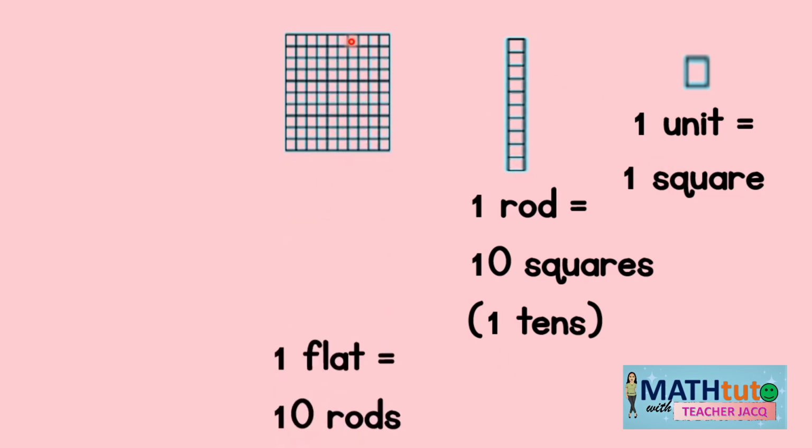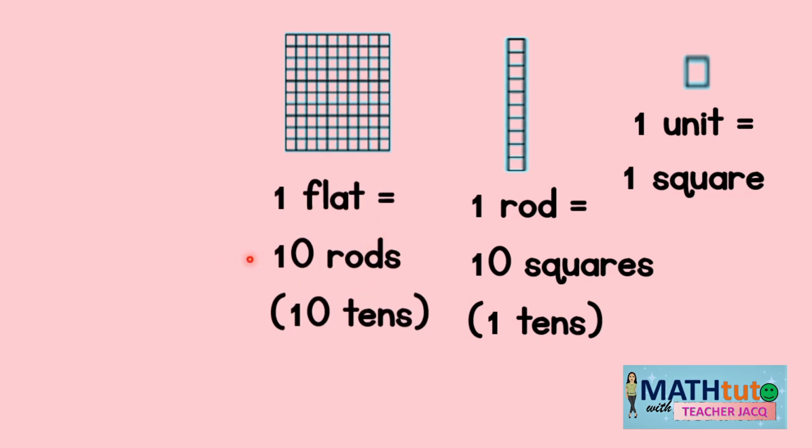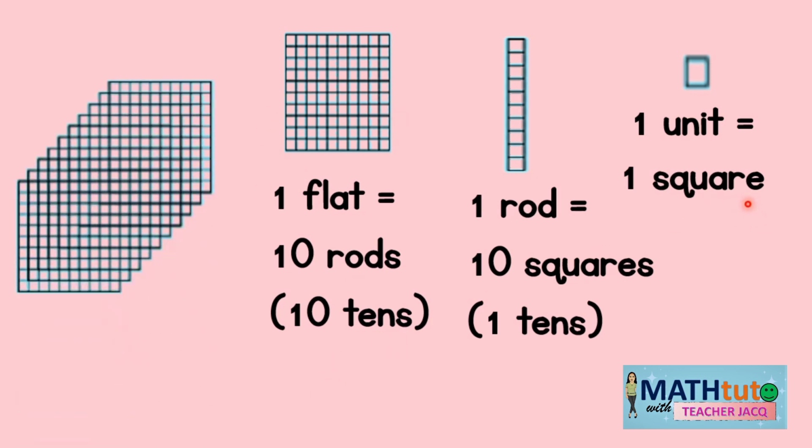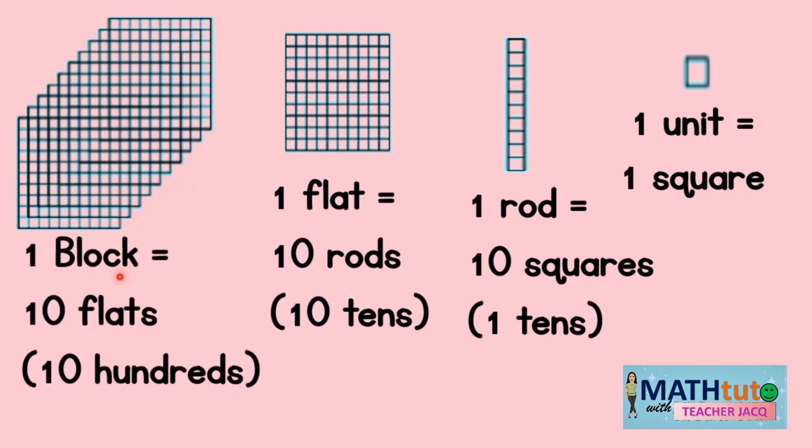Next is 1 flat is equal to 10 rods, or simply means 10 tens, equivalent of 100 squares. And then the last one is 1 block is equal to 10 flats, or 10 hundreds. 10 times 100 is equal to 1,000. So 1,000 squares in 1 block.